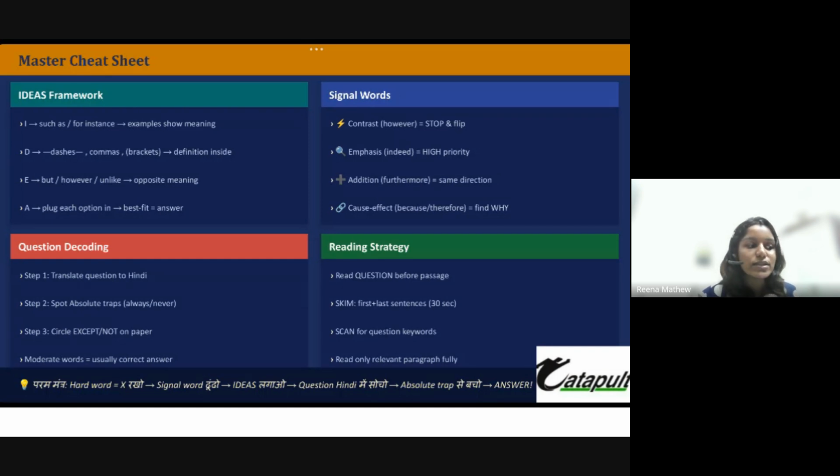Prerna ma'am, could you give a gist of this in Hindi, please? If you are there. Prerna ma'am, are you there? Yes, ma'am. Ma'am, can you give a gist of this, if possible, in Hindi? Can you give a gist of the last slide in Hindi for them? Can you please translate?